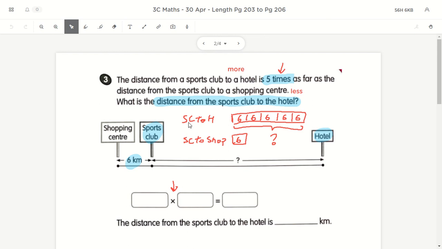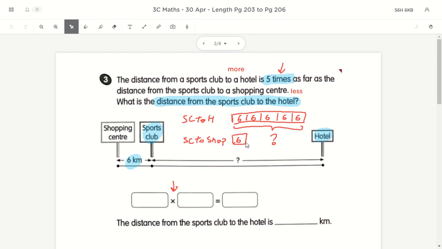The distance from the sports club to the hotel is 5 times, 1, 2, 3, 4, 5 times as far as the distance from the sports club to the shopping center, which is 1 unit. So sports club to hotel is 5 units because 5 times. Sports club to shopping center is only 1 unit because that's the smaller one. And from the diagram we know that from the sports club to the shopping center is 6 kilometers.